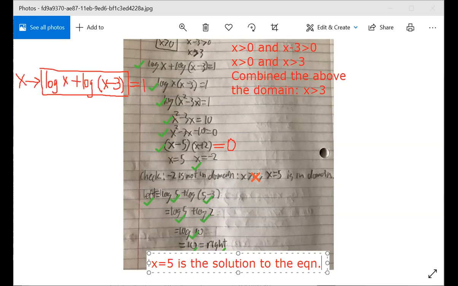Then you tell the reader the left side is this, plug in, and it is the same as, the same as, the same as. Therefore, x equals 5 is a solution. You're done. We save a lot of words because we use mathematical symbols, and this is great work. Billy did a great job.